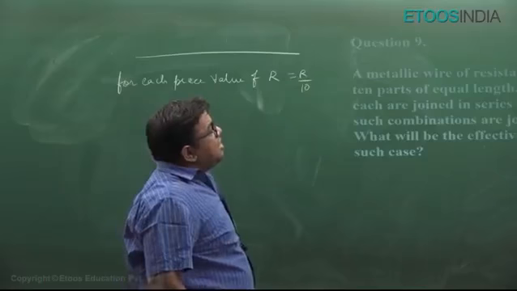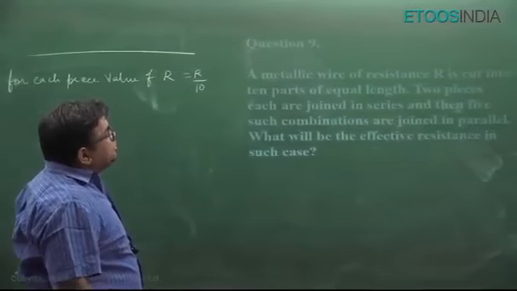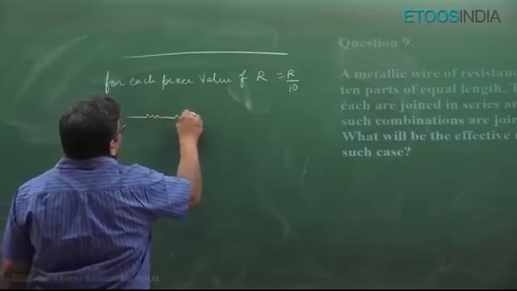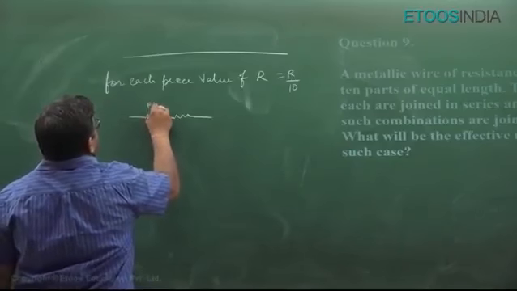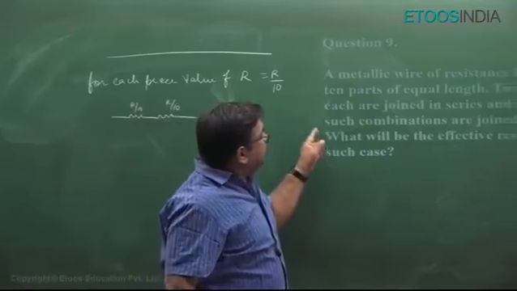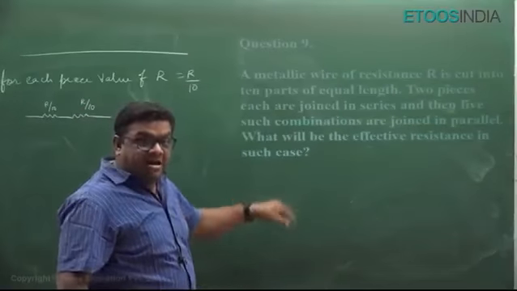Got it? It says that two pieces of such are joined in series. Okay, then I'll say this is R by 10, this is R by 10, and then 5 such combinations are joined in parallel.